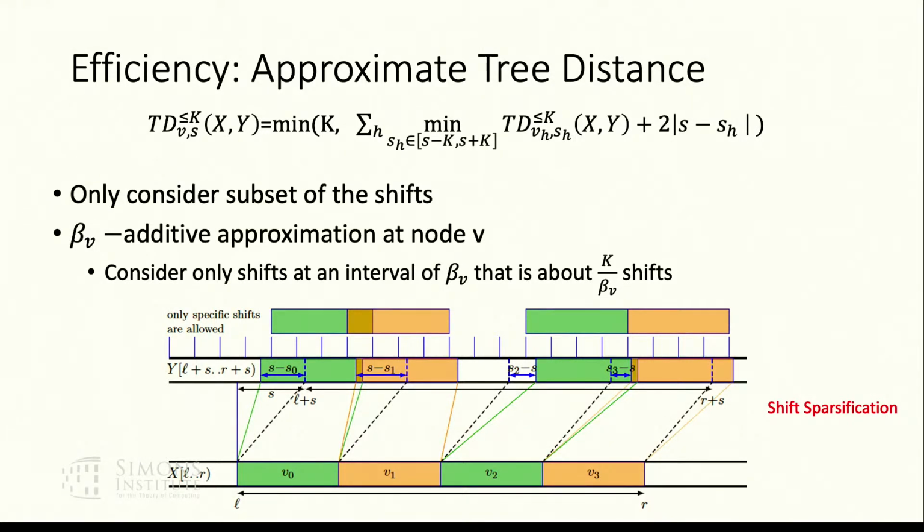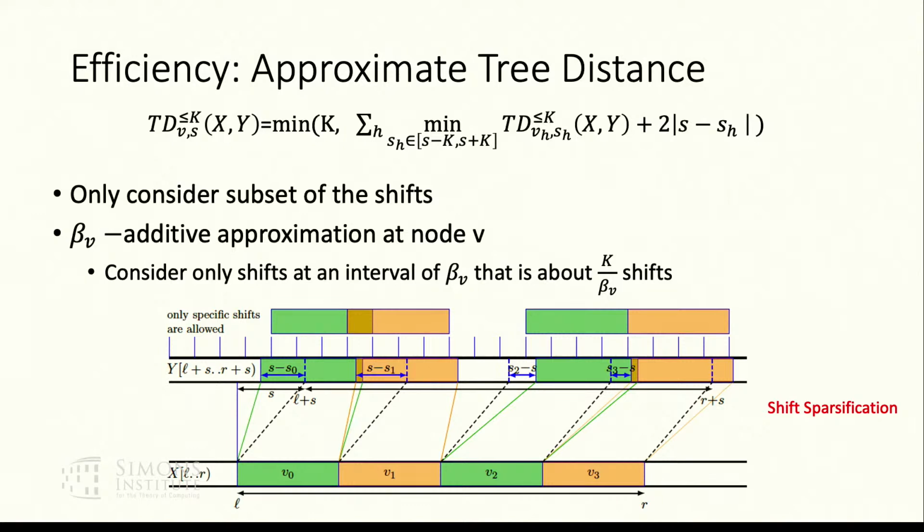What we'll try to do is get an additive approximation for tree distance. So beta v will be the additive approximation at node v. How much additive approximation can I allow at the root if I'm looking for, say, a 2 approximation? That's a question for you.